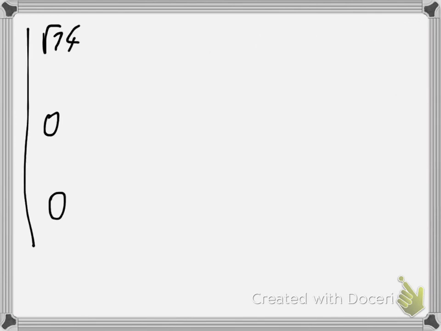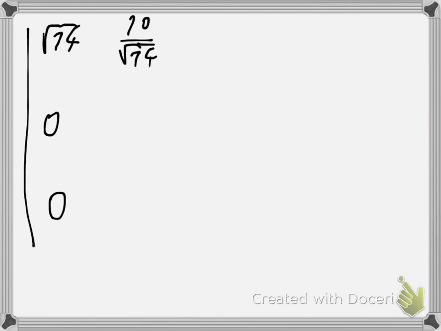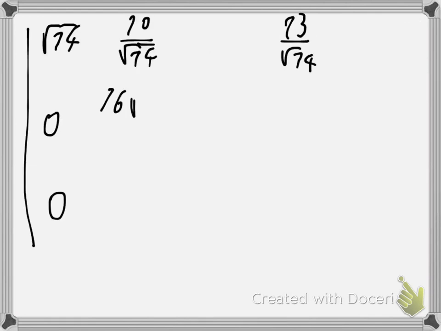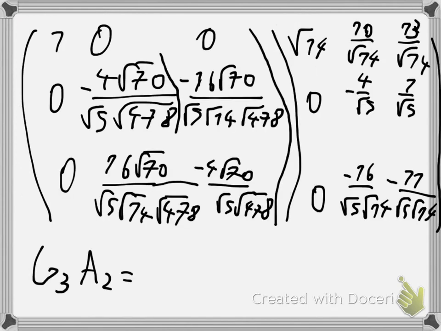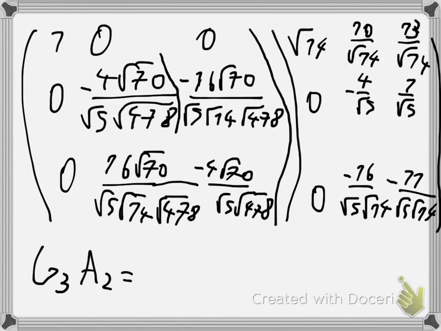Then we will get 10 over square root of 14 and 13 over square root of 14, and then we will get 16 times square root of 70 plus 256 times square root of 70.